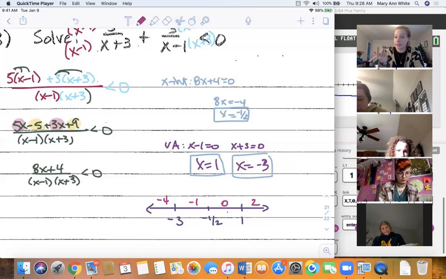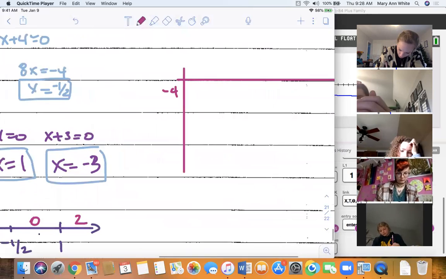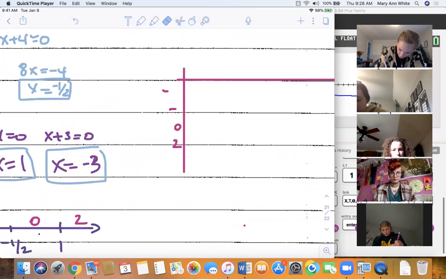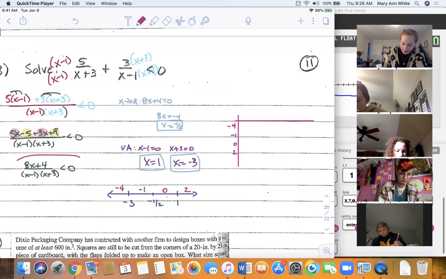Okay, now I'm going to do my sign chart. I've got negative 4, negative 1, 0, and 2. And then again, I'm going to do all of my factors over here.